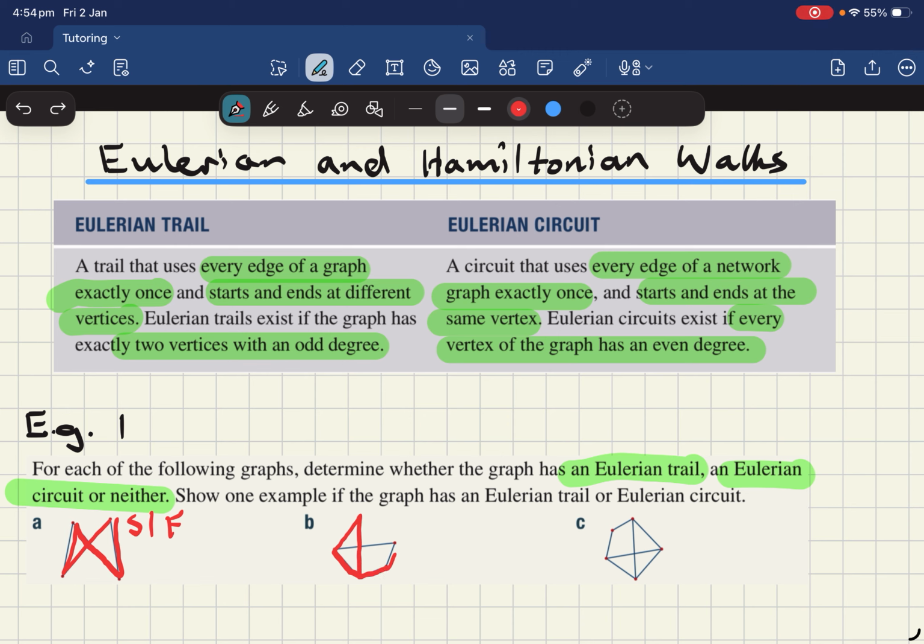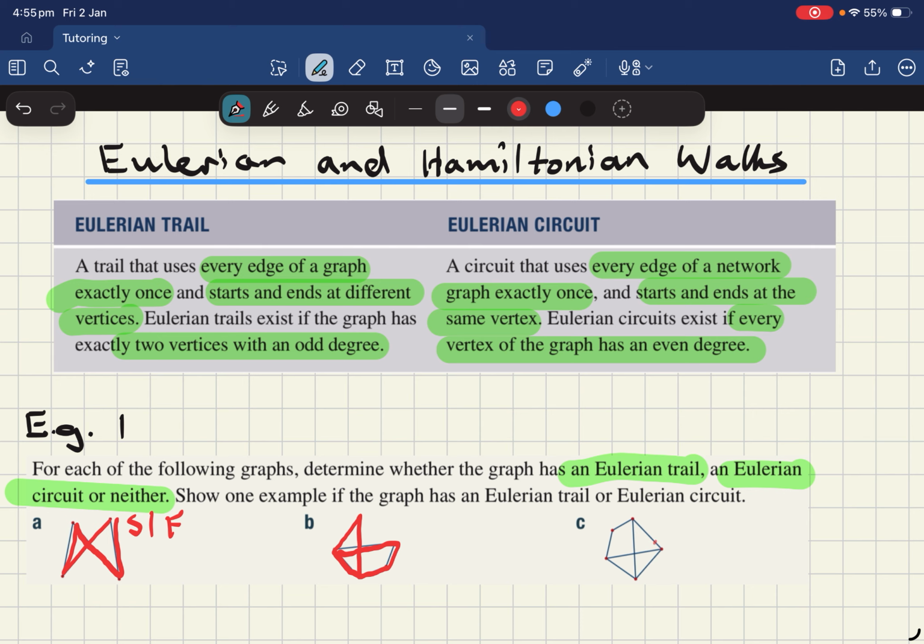Here we go. Nice. So I've started and finished at a different vertex. With these, it may take you a couple of goes. As you can see, I didn't get it right off the bat, but when we refer to these criteria, we know that it will exist, okay? So once we know that it exists, we will be able to find one. It may just take us one more go.